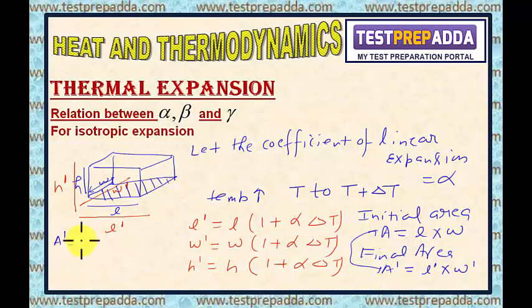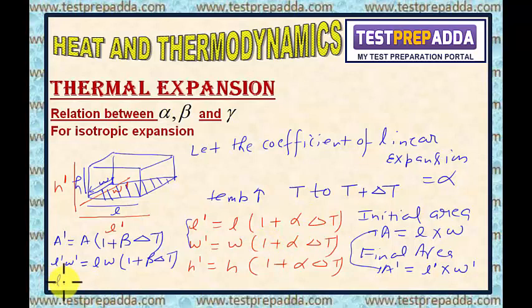I can say A dash is equal to A into 1 plus beta delta T, where beta is the coefficient of superficial expansion. Now if I substitute values, A dash will be written as L dash W dash, is equal to this A, which will be written as L into W into 1 plus beta delta T. Now L dash into W dash, from here we can get L into W and 1 plus alpha delta T, 1 plus alpha delta T, so it will be squared.